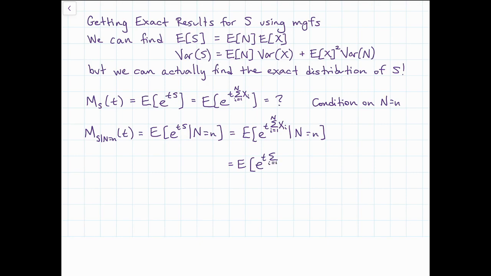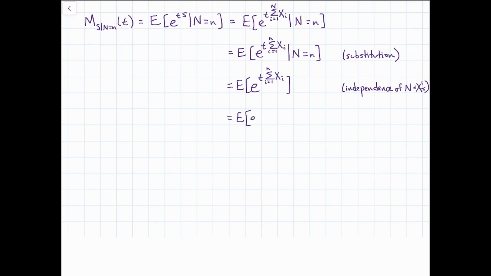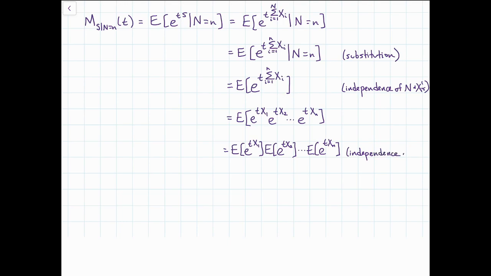Using substitution, we can turn that big N on top into a little n, and then using independence of N with the Xi's, we can actually drop that condition. So we have independence, and we can then ignore the condition that N equals little n. Well, that's just equal to the expected value of the product of e to the tXi's, and by independence of the Xi's, we can break that expectation up into the product of those individual expectations.